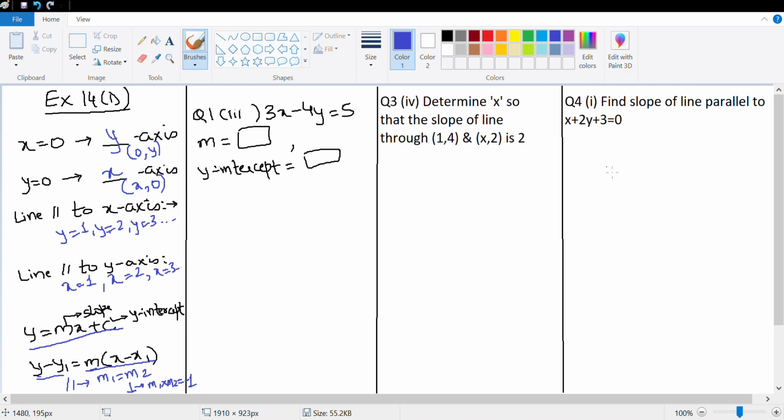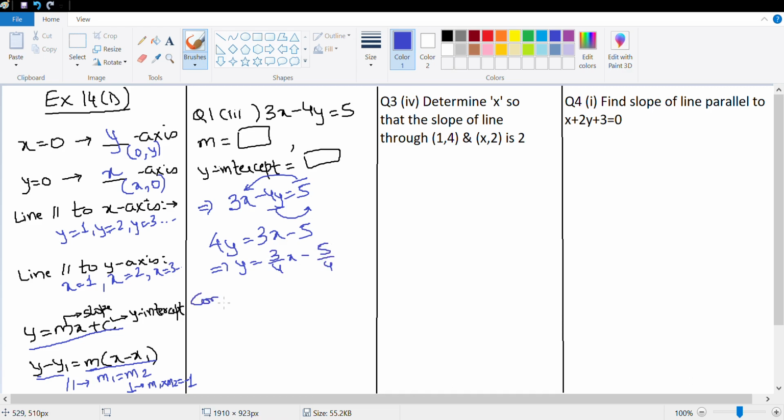Question number 1, part 3. It says find the slope and y-intercept of the line 3x minus 4y is equal to 5. So now let me write it in the standard form. 3x minus 4y is equal to 5. Let me take this on this side and 5 on the other side, and I get 4y is equal to 3x minus 5, which means y is equal to 3 by 4 x minus 5 by 4.